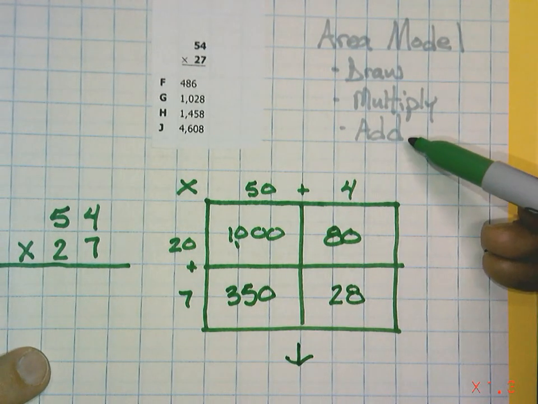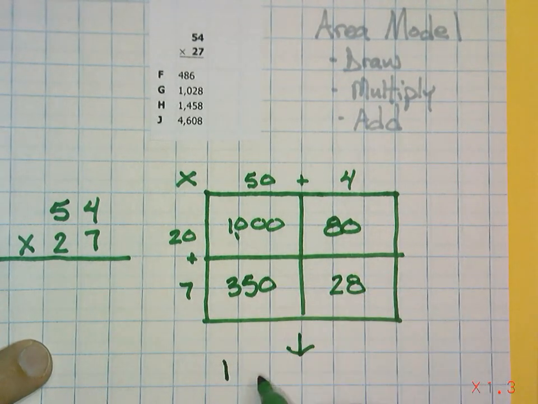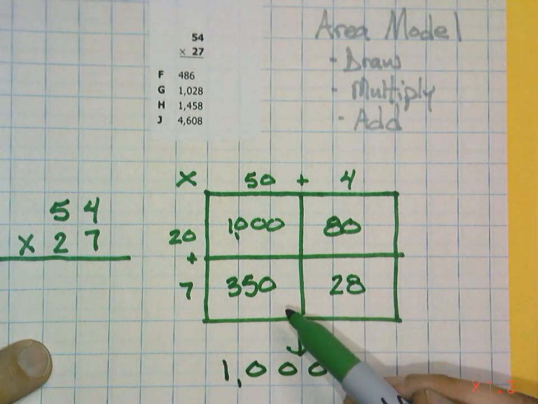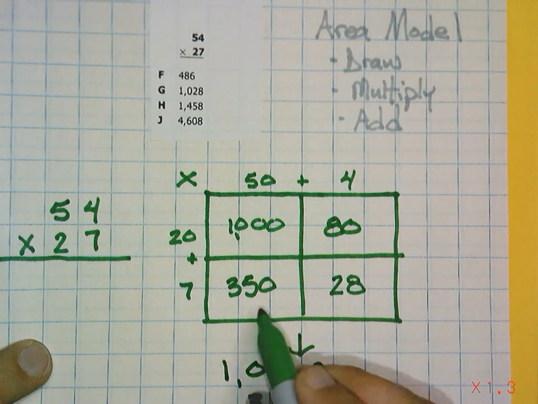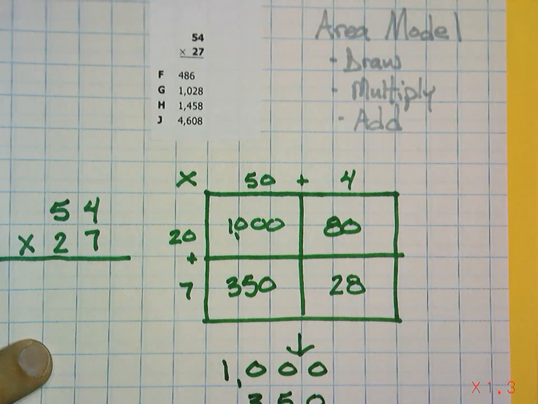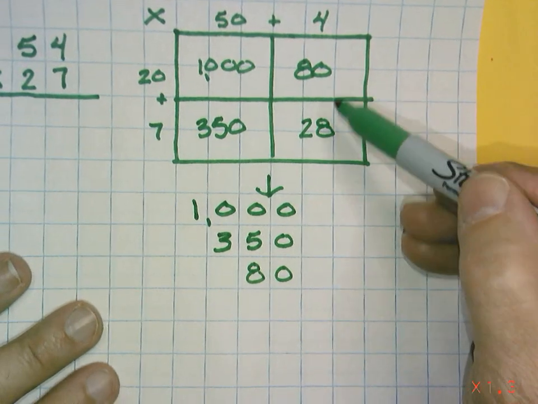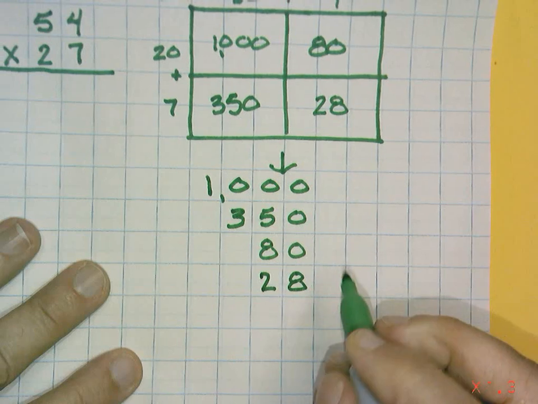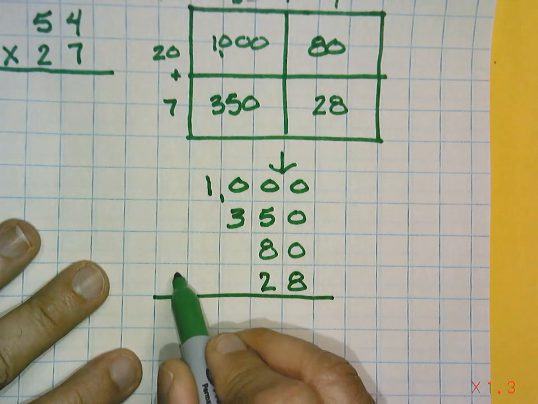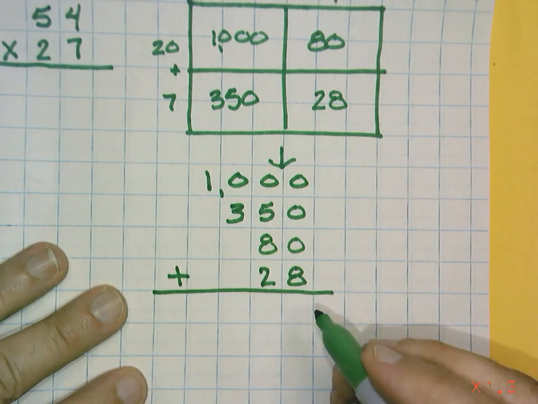Now what we're going to do, our last step, is we're going to add these numbers. So I have 1,000, 350. It doesn't matter what order, but I'm going to put 350 next, and 80. And then 28. Then we add 0 plus 0 plus 8.